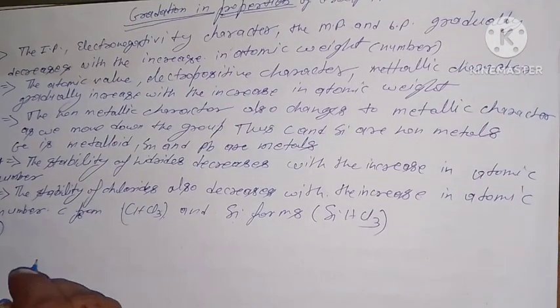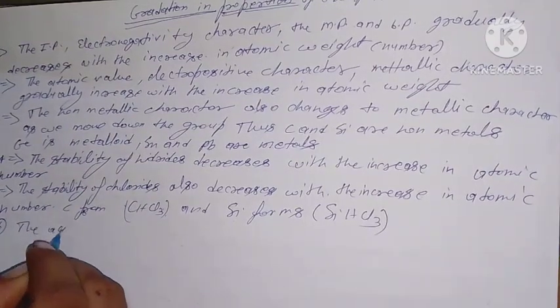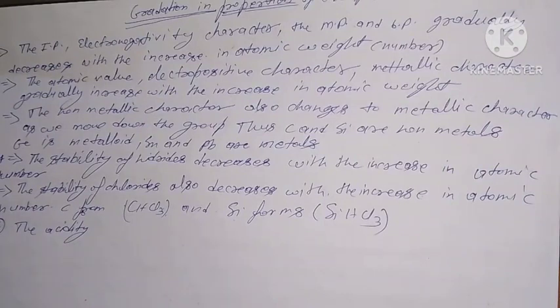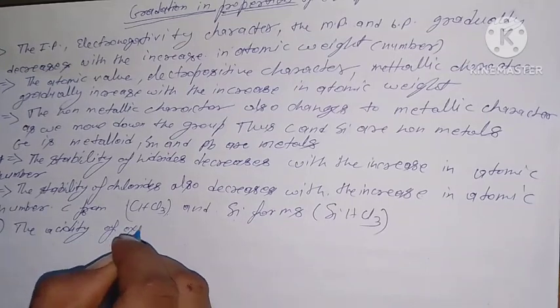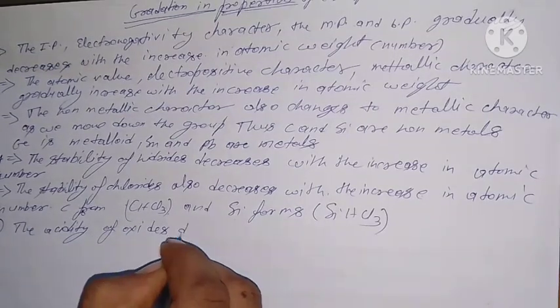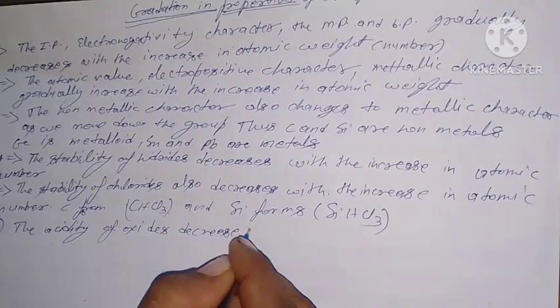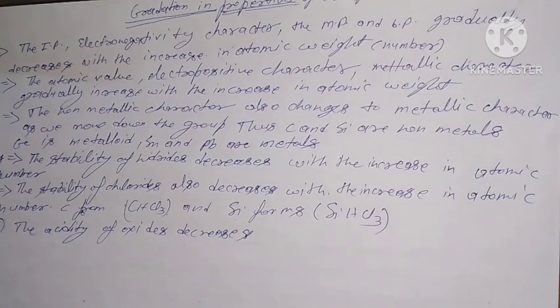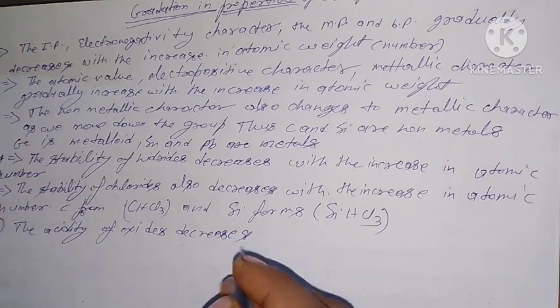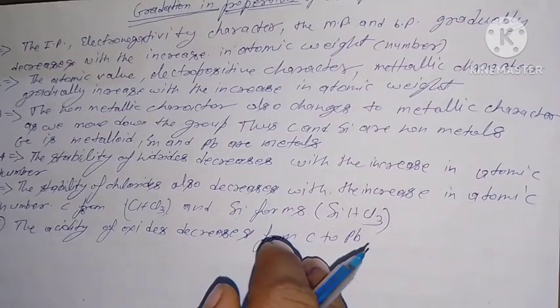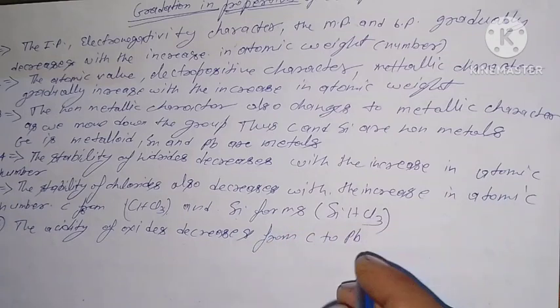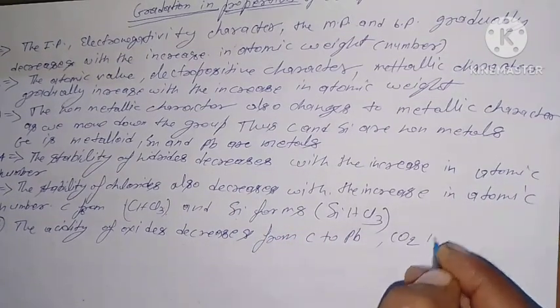Sixth point: the acidity of oxides decreases from carbon to lead. Carbon dioxide is acidic.